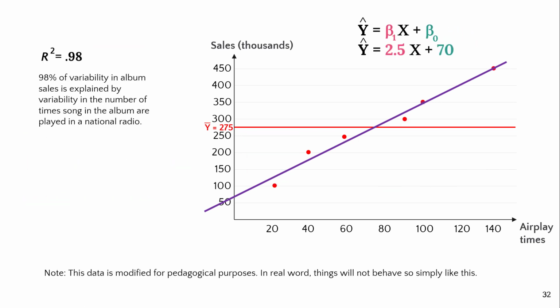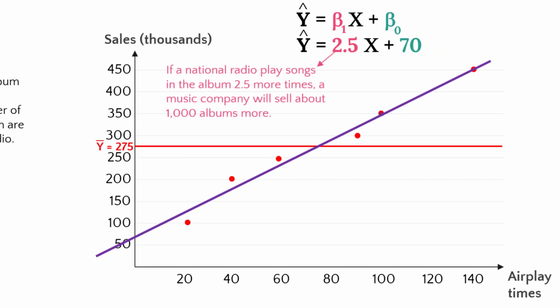We can say something like, 98% of variability in album sales is explained by variability in the number of times songs in the album are played on a national radio. Please be mindful this is made-up data for pedagogical purposes. In the real world, it is very unlikely to get a simple linear regression model that has this very high R-squared. Let's speed things up.